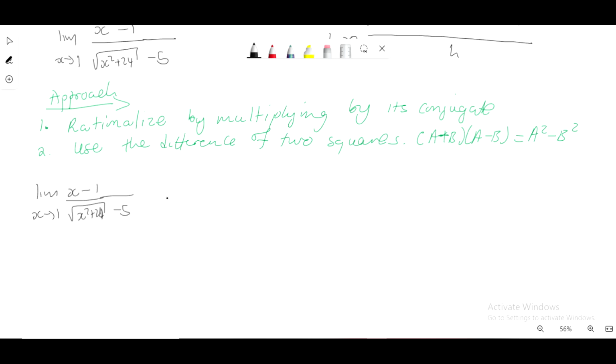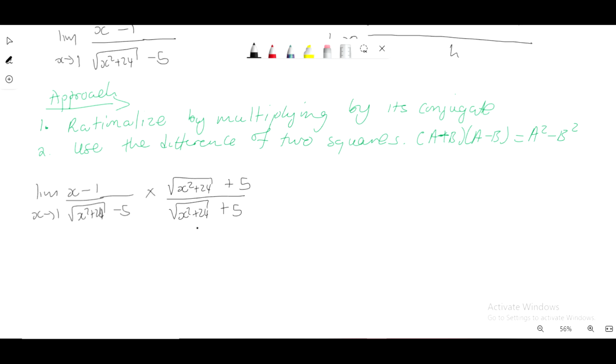I want to rationalize the denominator, so I must multiply by its conjugate. Its conjugate is going to be the square root of x squared plus 24 plus 5. Remember, if I have a minus here, it's going to be plus 5. So I multiply by its conjugate.